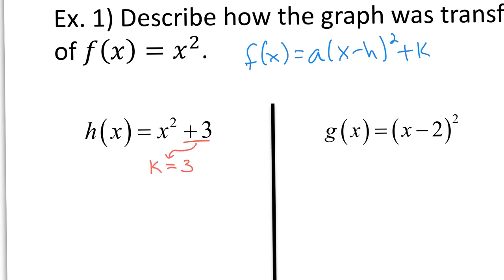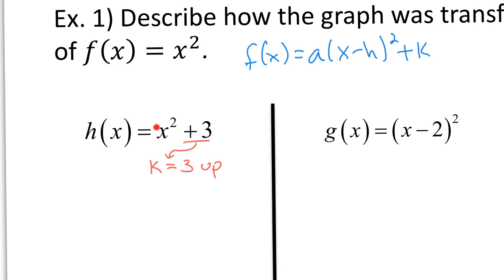Now for the k value, you never change the sign, so you keep it the same. So what that means, guys, if you have a value of k, the parent function will be transformed 3 units up. How do I know that? Well, the k value tells you guys a vertical translation. It moves up 3 steps. Now your a value, look at your a value here.